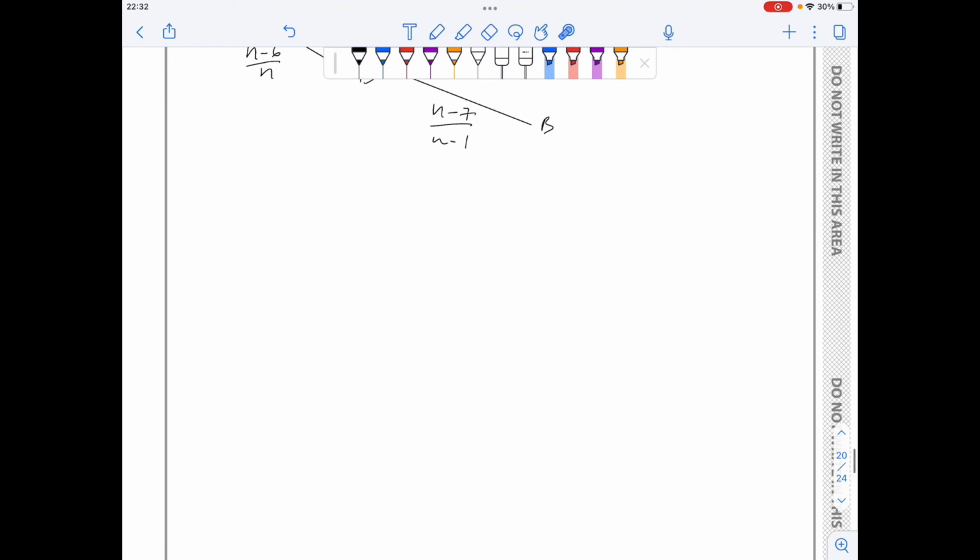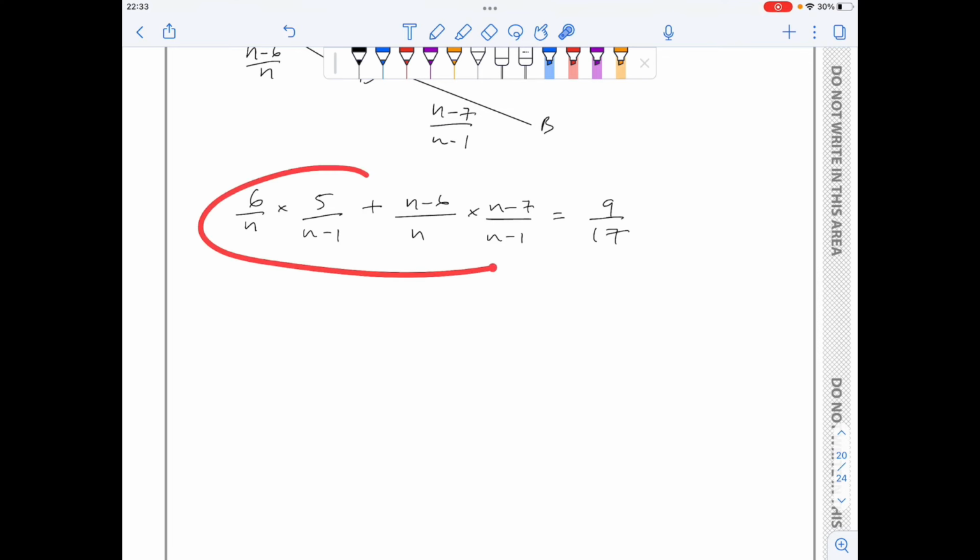So let me write this equation down. 6 over n times 5 over n minus 1 plus n minus 6 over n times n minus 7 over n minus 1 is equal to 9 over 17.